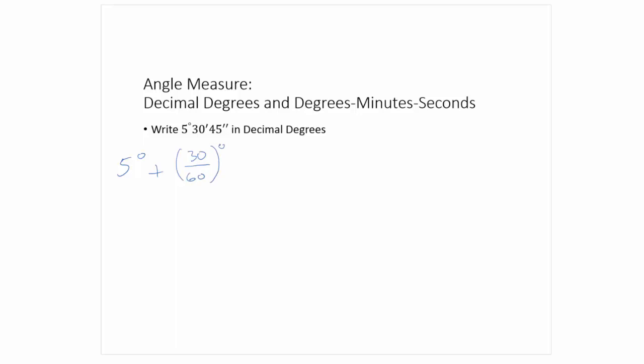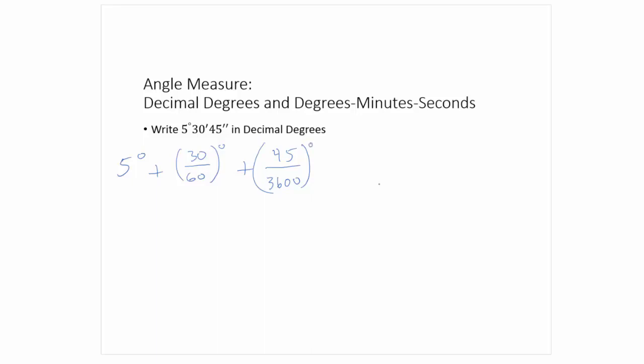Well, now wait a second. There's 60 seconds in a minute and 60 minutes in an hour. So I would have to take that 45 seconds and divide that by 3,600 seconds in a degree.